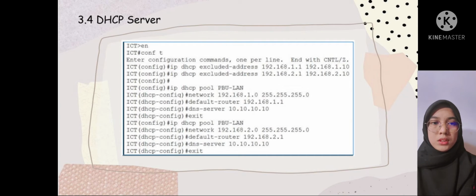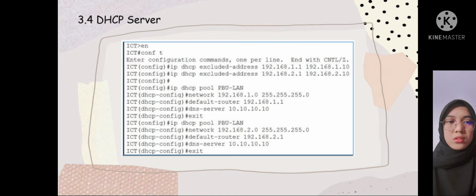And another one is ip dhcp pool PBU LAN network 192.168.2.0 255.255.255.0, default router 192.168.2.1, DNS server 10.10.10.10.